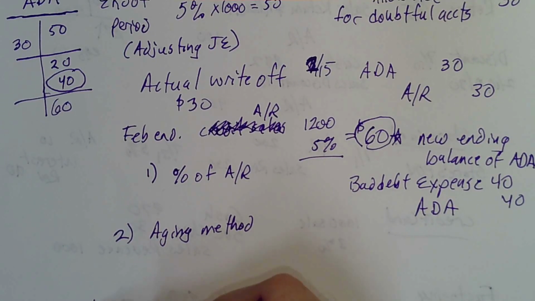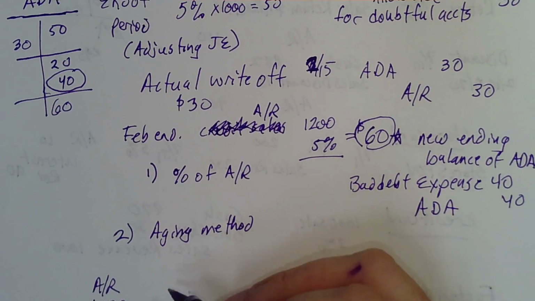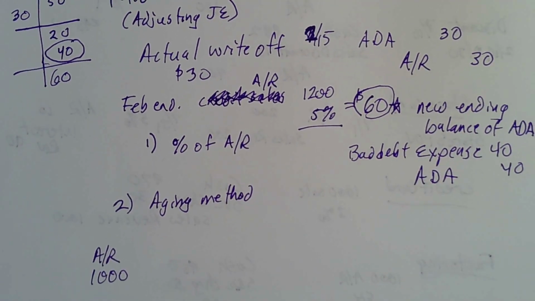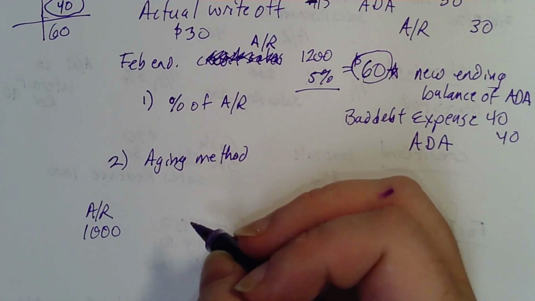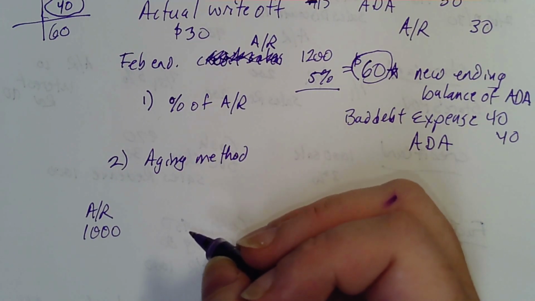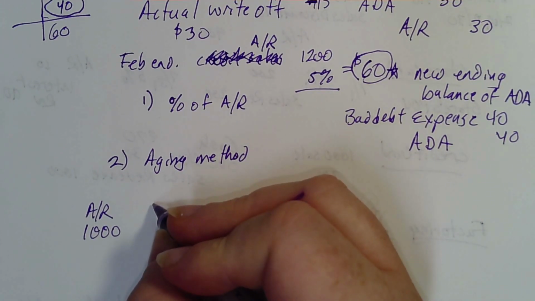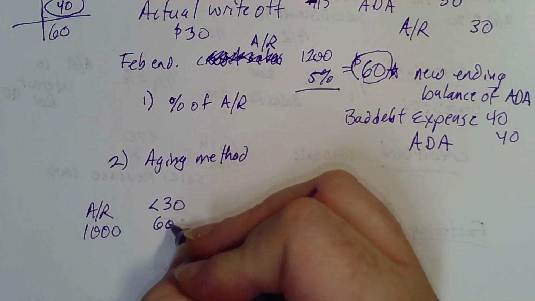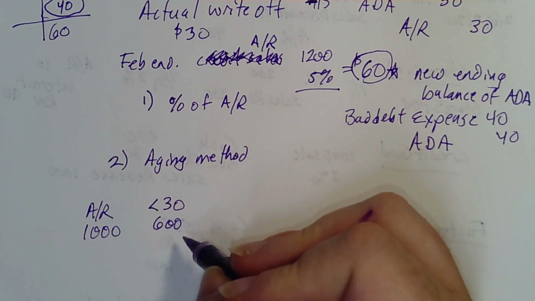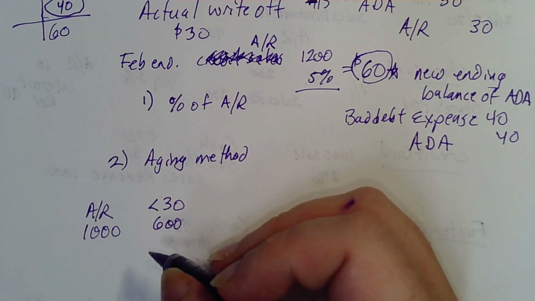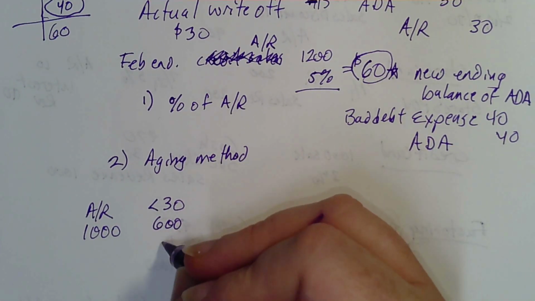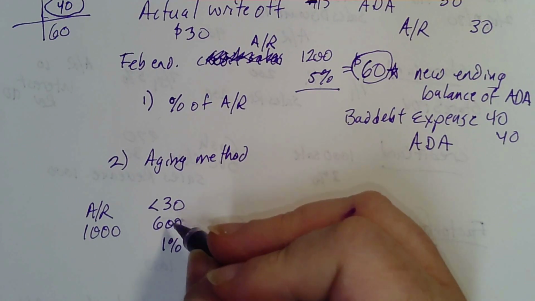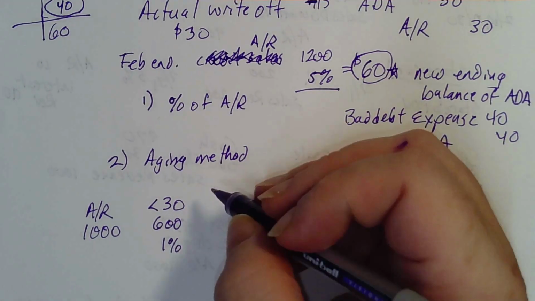So let's take $1,000 of AR at the end of the month, and split that AR into how overdue it is. Let's say about $600 is less than 30 days overdue, and in our history only about 1% of these are actually uncollectible.